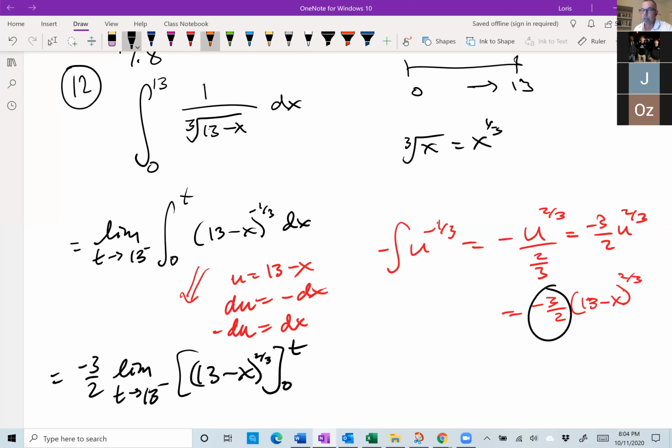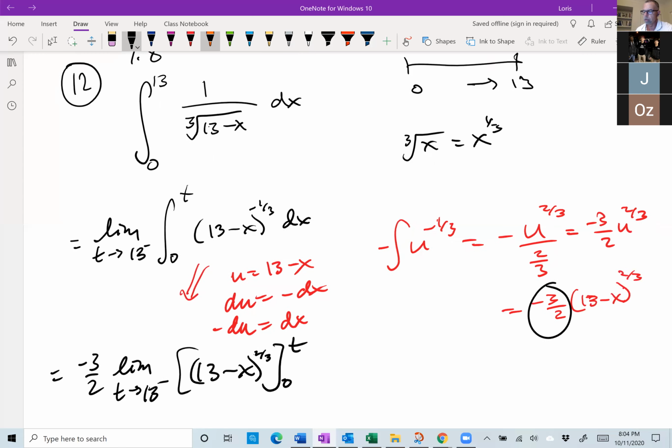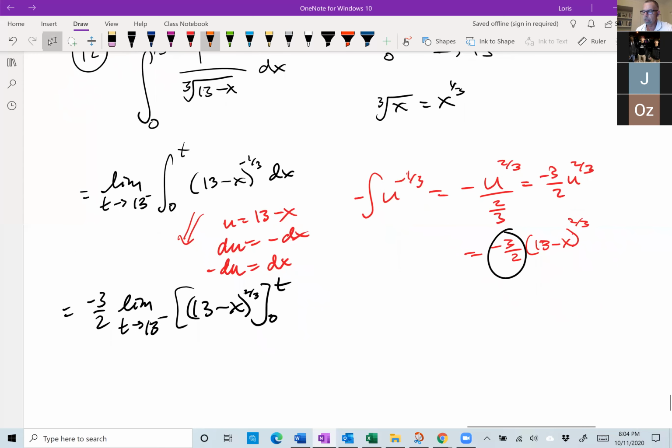Okay, so here we go. When we plug in 0, we just get 13 to the 2/3 power, which is fine. Let's try to plug in t and see what happens.